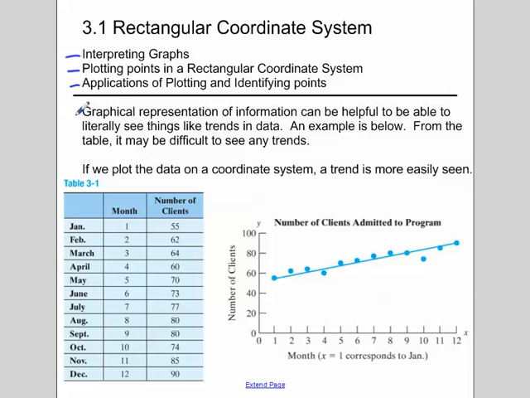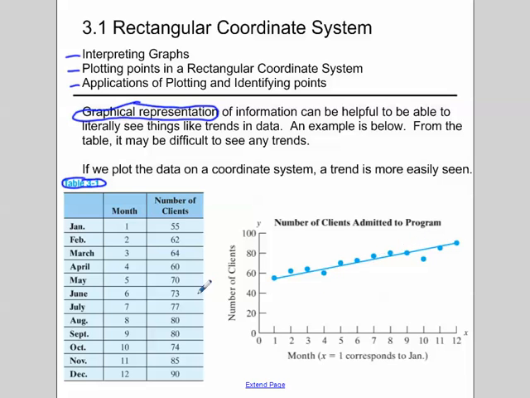So if you see right down here, Table 3.1 is a table of information. Sometimes it can be helpful to look at information and get some data out of it by looking at a graphical representation. That'll help us get more information out of the data. Sometimes we can look at the data right away in a table, and sometimes it's easier to look at a graph.